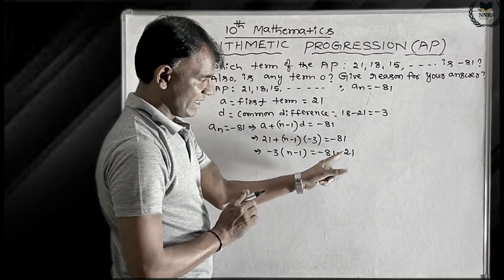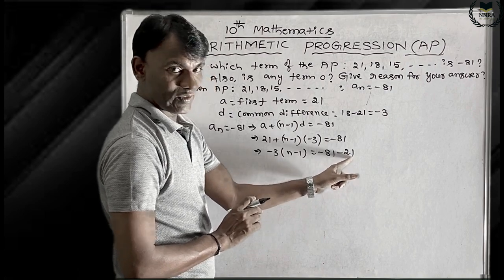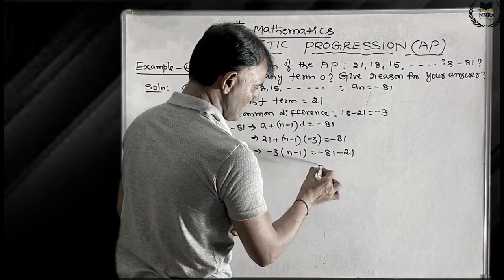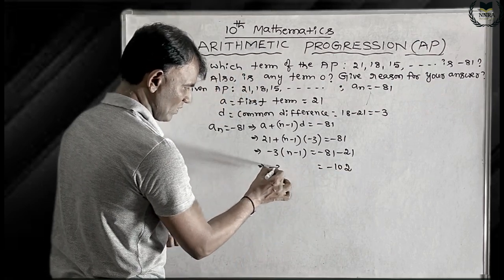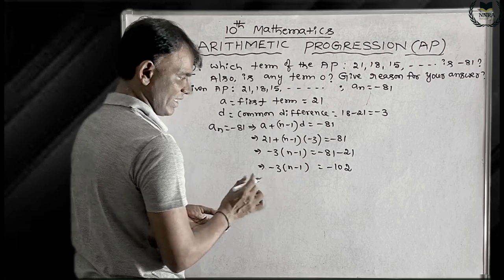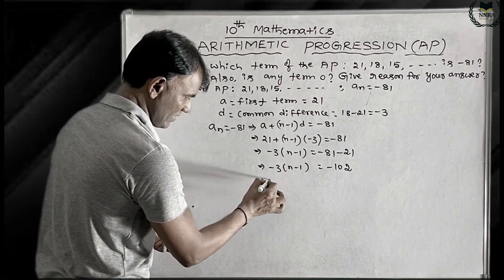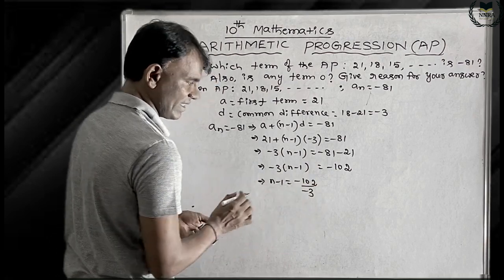So minus 81 minus 21, that is minus 102. Now this is minus 3 into n minus 1. Got it? Now write n minus 1 value. How to write n minus 1? Minus 102 divided by minus 3.